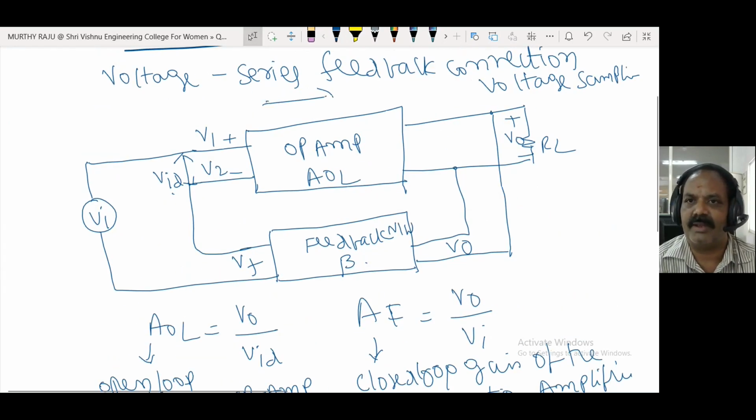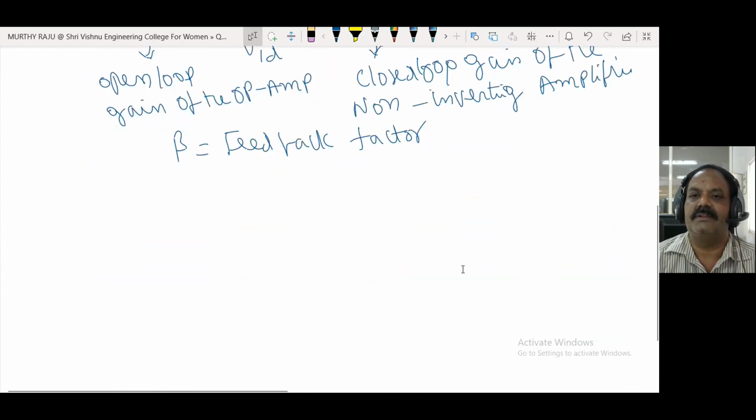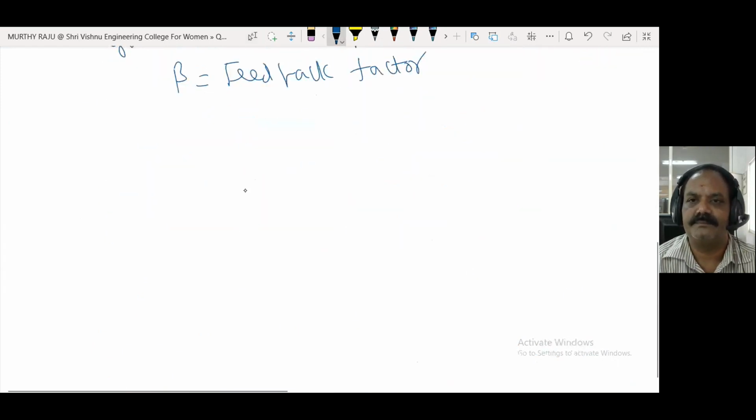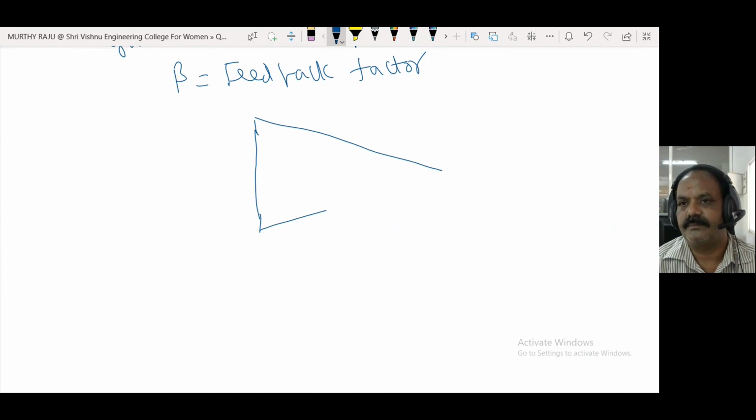For the amplifier, analysis is from left to right. For the feedback network, analysis is from right to left. Now we will draw the equivalent circuit diagram. This one is the op-amp, plus and minus.